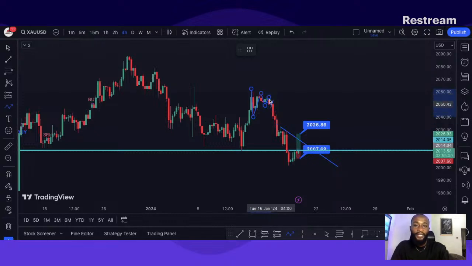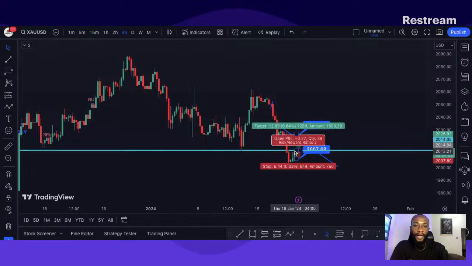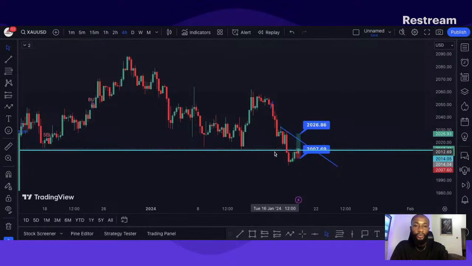Then it took it out. So you can see that it already started forming patterns for downtrend, which later did complete change of character here. And now it started retracing back to reject somewhere here.